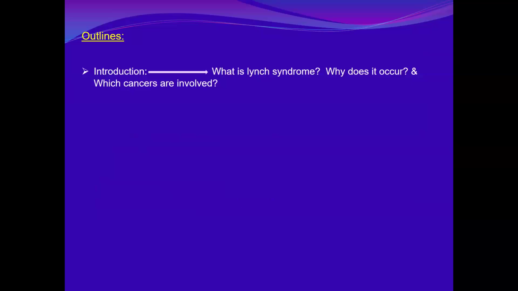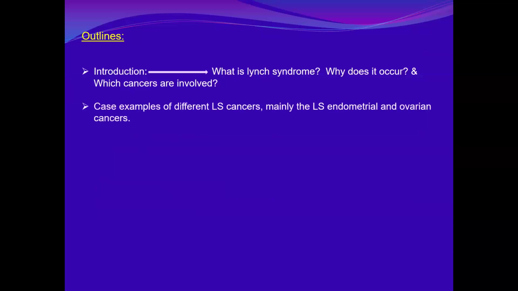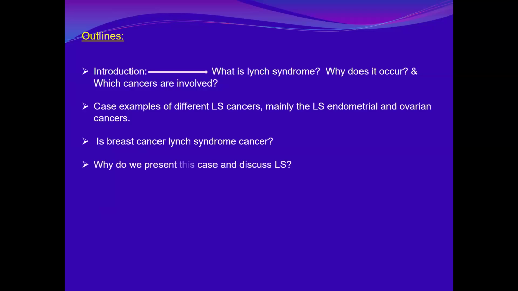The outline of this lecture includes an introduction: what is Lynch syndrome, why does it occur, and which cancers are involved. Then case examples of different Lynch syndrome cancers, mainly Lynch syndrome endometrial and ovarian cancers. Then we'll discuss breast cancer in Lynch syndrome, whether it belongs or not.